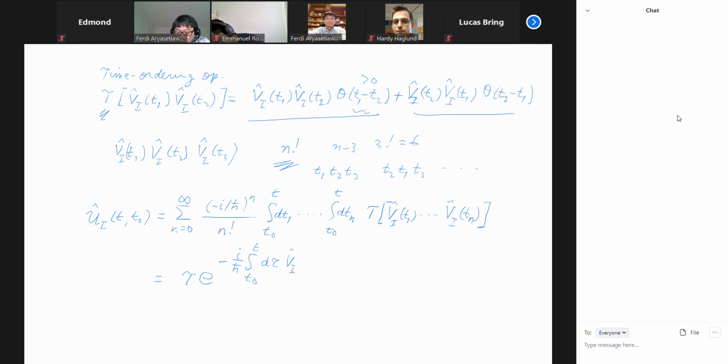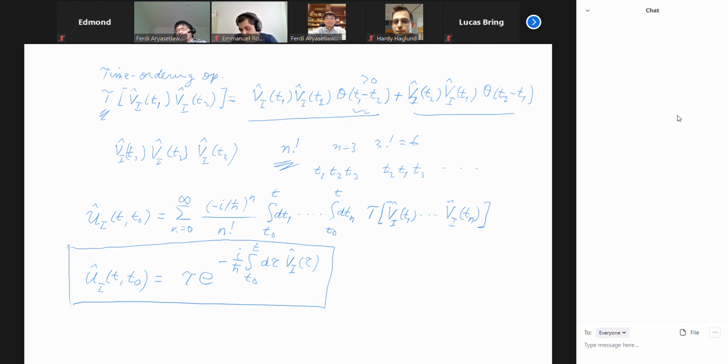You can call it t1 or whatever you like. So that is a simple, compact expression for the time development operator in the interaction picture. It's easy to remember. It's just like a time development operator, but you have an integral, and then you have this time ordering.